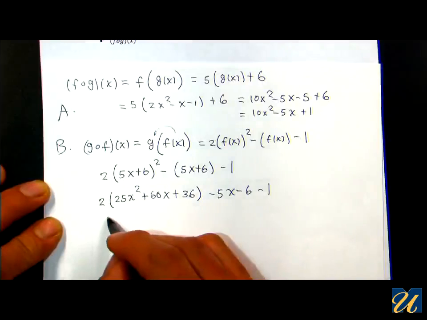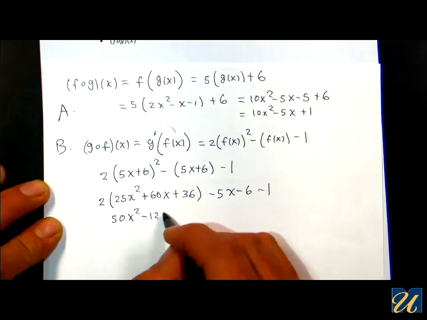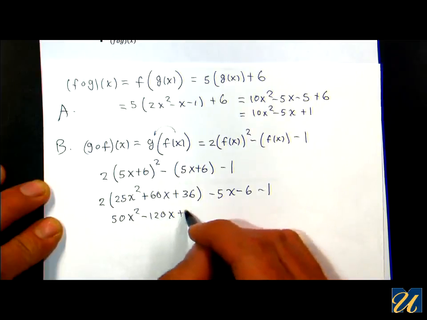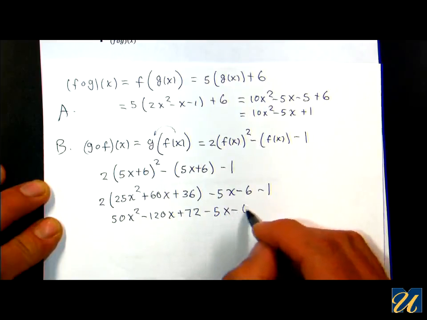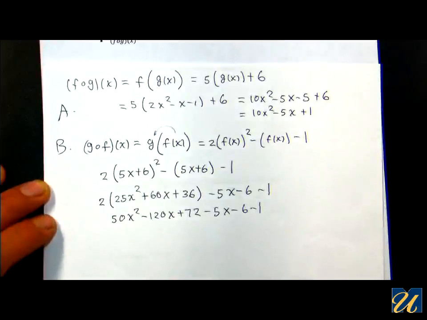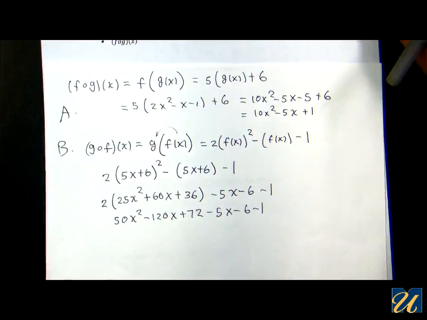We can then multiply through here. 50x squared minus 120x plus 72 minus 5x minus 6 minus 1. We can then add like terms. We can go on and simplify as much as we want.